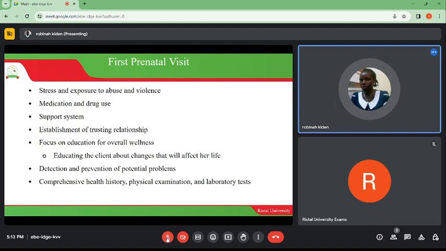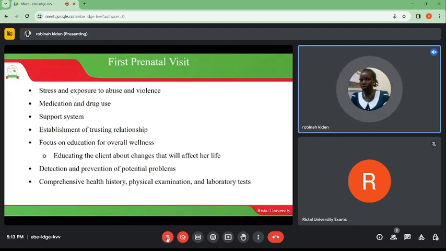Then we also need to find out about any support that the mother has. In addition, we offer her our support, and we explain to her the support that she may need, and whom she can contact in case she is faced with some challenge.